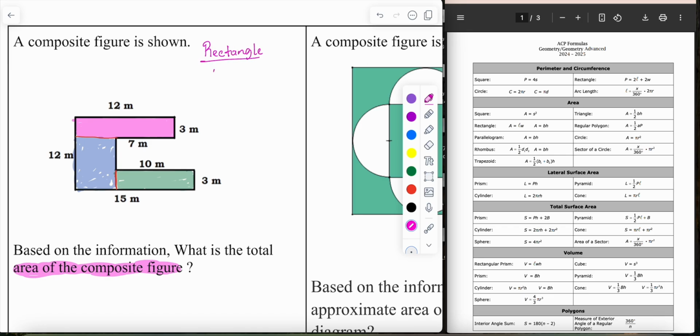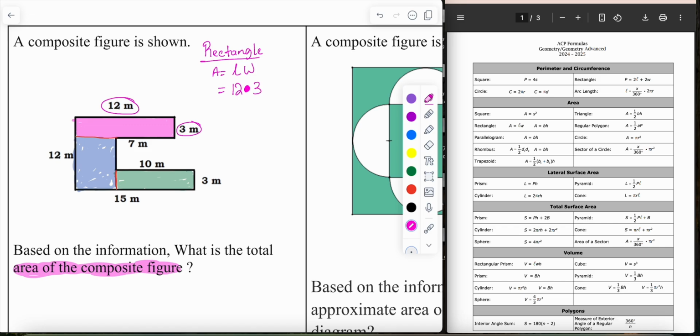So the area of the rectangle is going to be the length, L, multiply width. If we go to our pink rectangle, which is this one, our length is 12 meters long. So right here where it says length, I'm going to put 12. LW means length multiply width. How wide is it? It is 3 meters wide. So you put 3 as the width.